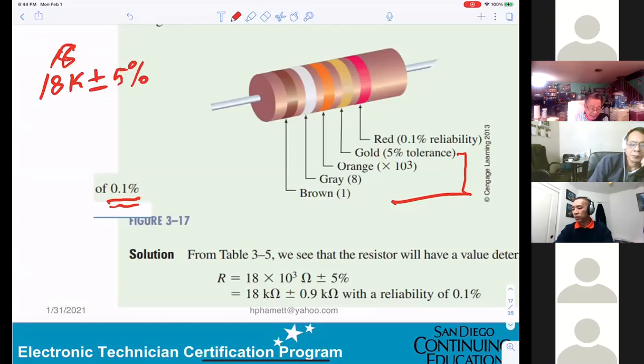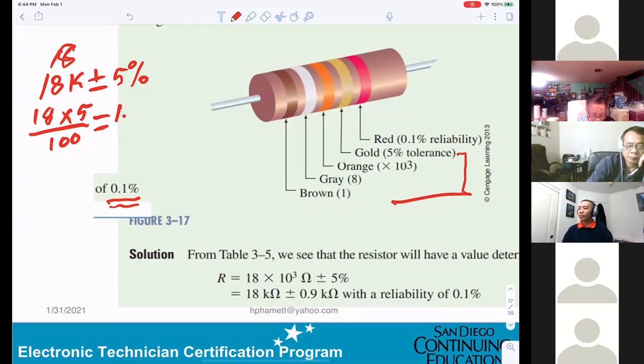Now 5% of 18: 18 times 5 divided by 100, 180 divided by 100, get 1.8, right? Is it 1.8?